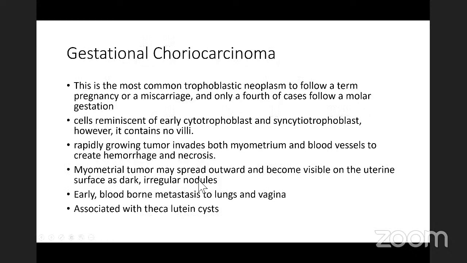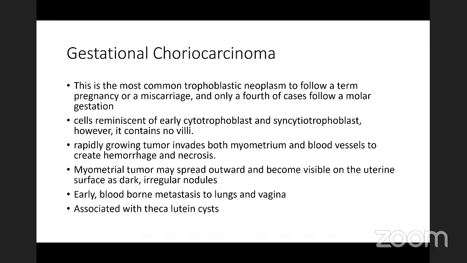Okay. Gestational choriocarcinoma. This is the most common trophoblastic neoplasm to follow a term pregnancy or a miscarriage. Only a fourth of cases would follow a molar gestation. Cells are reminiscent of early cytotrophoblast and syncytial trophoblast, however, it contains no villi.